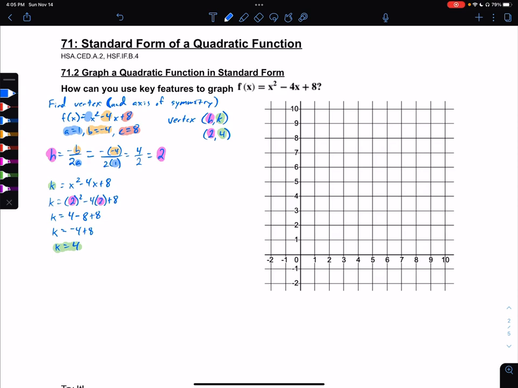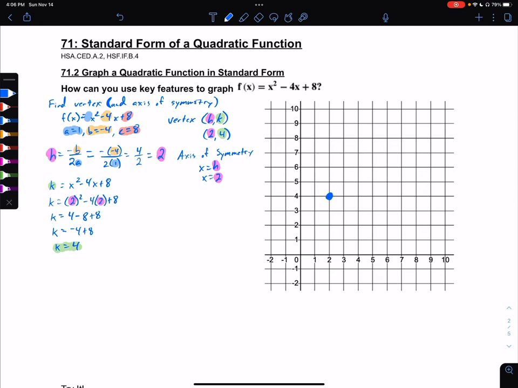All right, so we have the vertex, and I'm going to plot that point. We have a vertex of (2, 4). The axis of symmetry, remember, is x equals h, which in this case is x equals 2.